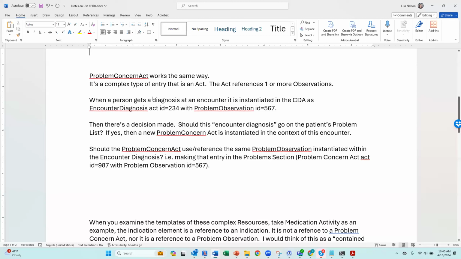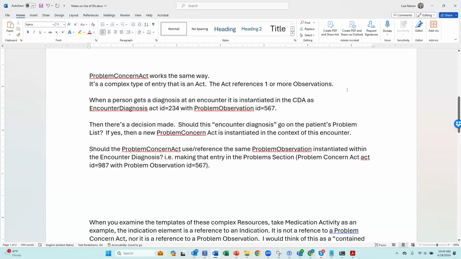In a problem concern act, there's an act where you're saying, I'm concerned about, and then after that, you can fill in however many problems it is. And we mostly just do one, because this is a totally misunderstood template, and everybody's really struggled with understanding the outer act separate from just saying the patient has this problem.